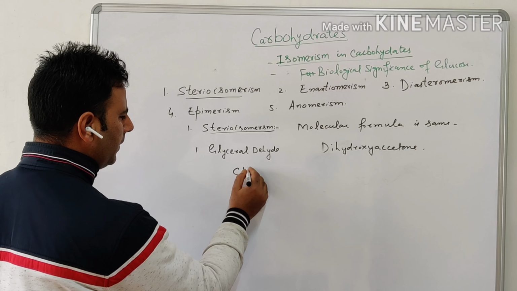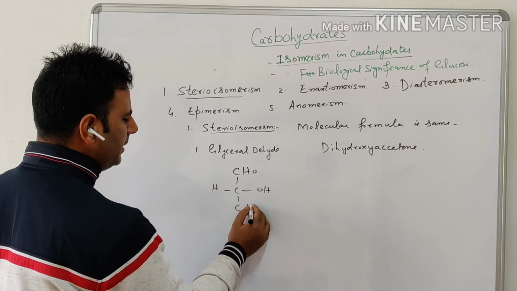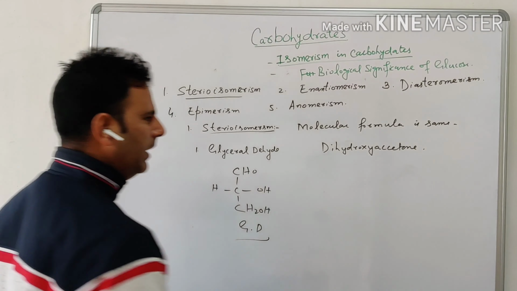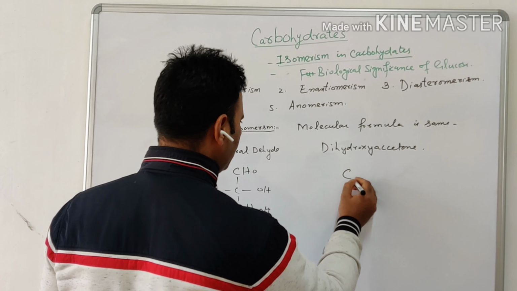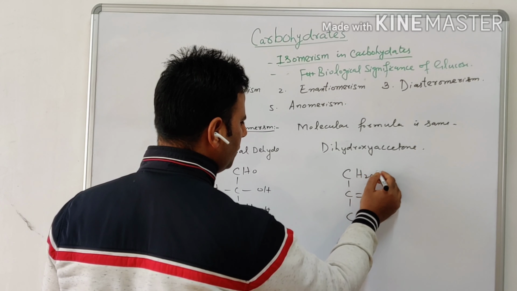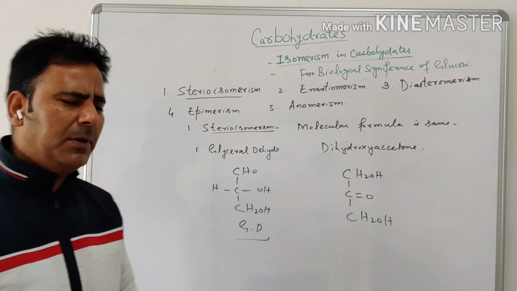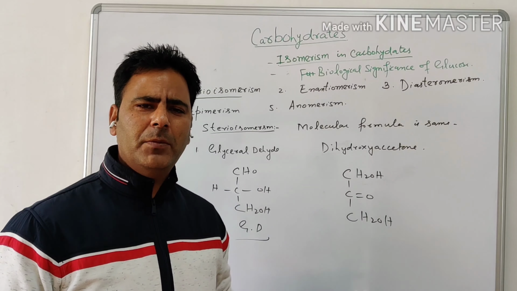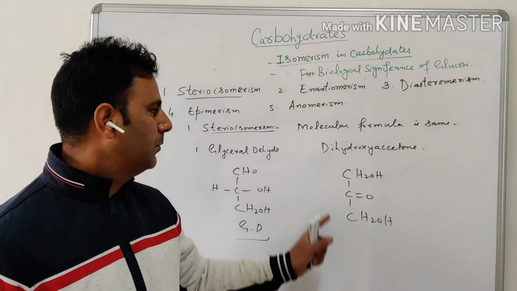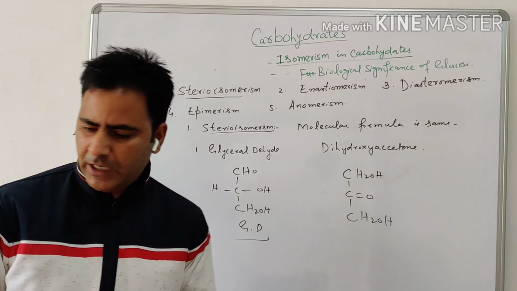The functional group is CHO, here it is OH and H, and here it is CH2OH. This is your glyceraldehyde. And when I make dihydroxyacetone, again it is 3 carbons, 1, 2, 3. It has a ketonic group, here it is CH2OH and here it is CH2OH. Now see the spatial arrangement of the groups around this central carbon. The spatial arrangement is different, so they are stereoisomers.